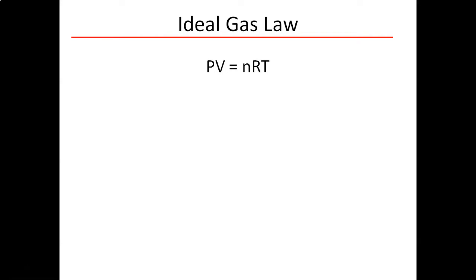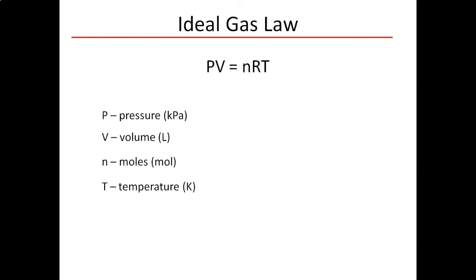So my pressure times the volume is equal to the amount of gas times R, our constant, times the temperature. We remember pressure is measured in kilopascals, volume is in liters, n is in moles, T is our temperature in Kelvin.